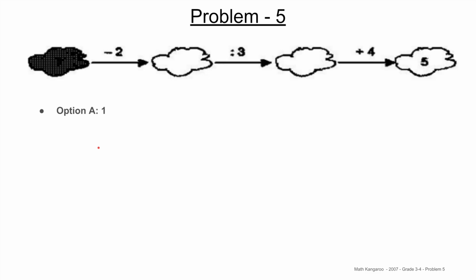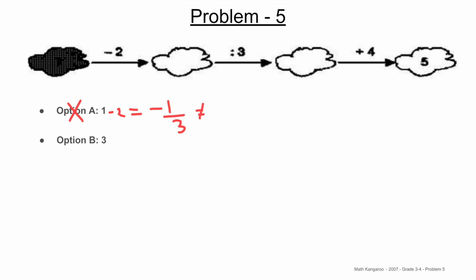1. If the cloud has 1, then start with 1 and follow the sequence of operations: 1 minus 2 gives us minus 1. Minus 1 divided by 3 is not a whole number, so we eliminate it.